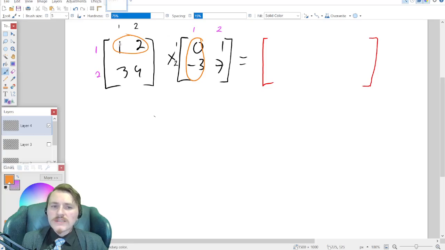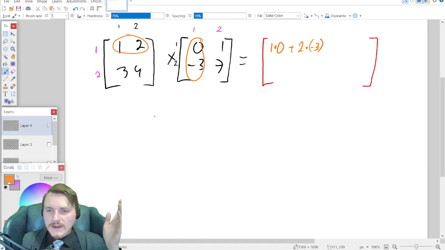We take the first item in each of these lines. 1 times 0, plus the second item of each of these, 2 times negative 3. We find that sum, we get our answer.